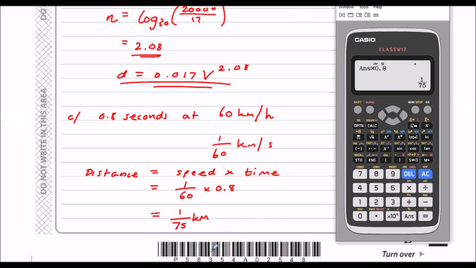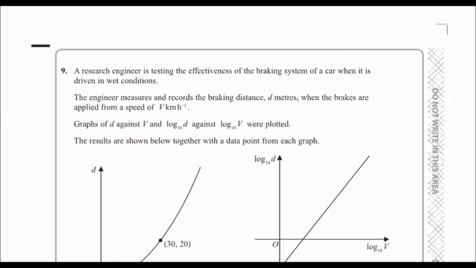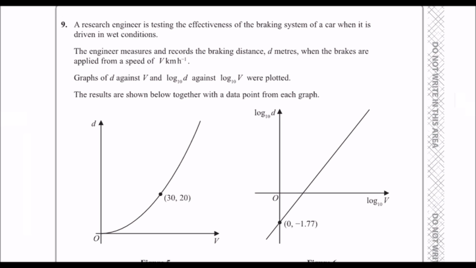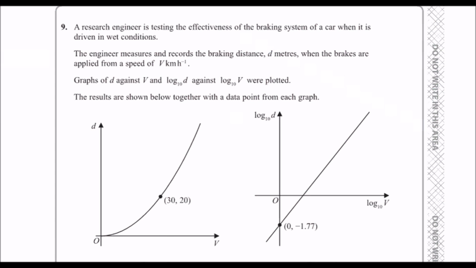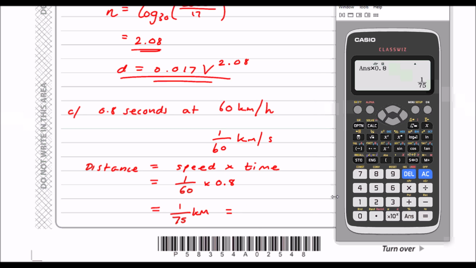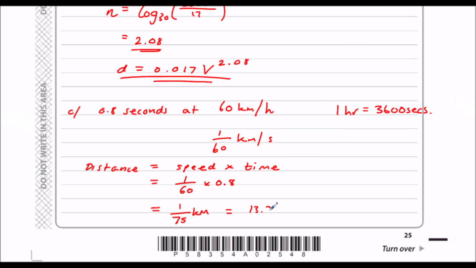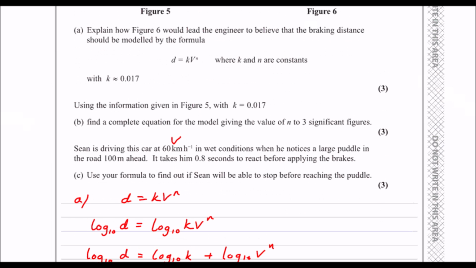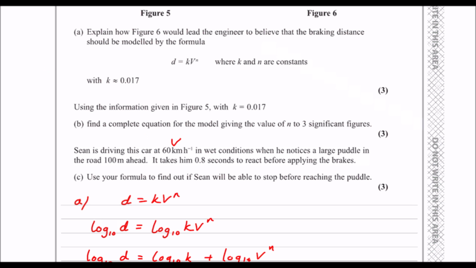D meters, let's work in meters. So 1/75th of a kilometer is how many meters? Multiply it by 1,000. 13.3 recurring meters. So we had 100 meters of road left.